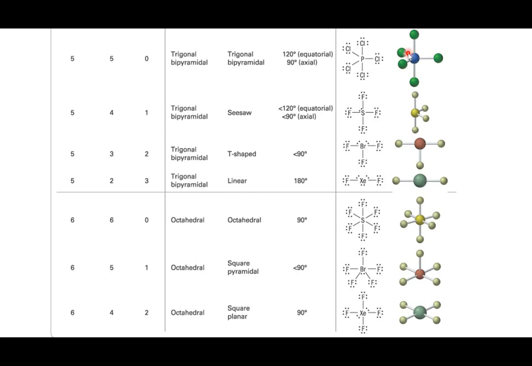So when you look at the helpful handouts and print out the sheet, it'll have an 8x11 sheet with this whole table as one big thing. It just doesn't fit on the slides like that. So this is one big sheet. You use it the same way that you use it for the other ones, but just know that expanded octets exist. Be able to use the table and tell me molecular geometry, electron geometry.